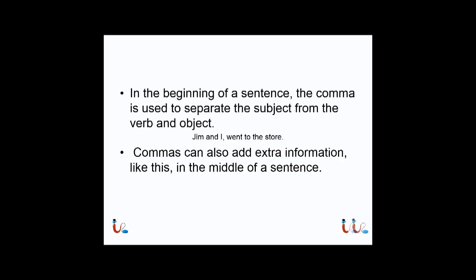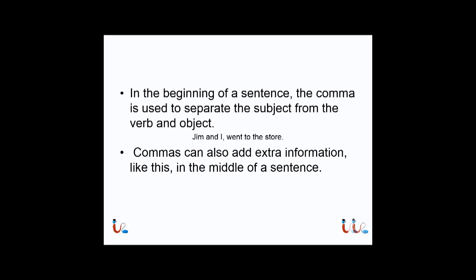In the beginning of a sentence, the comma is used to separate the subject from the verb and the object. This is going to be a tiny bit confusing, so you're going to have to listen. If the subject is not direct, that means he, she, I, they, we, or any subject like that, you will put a comma after the subject.